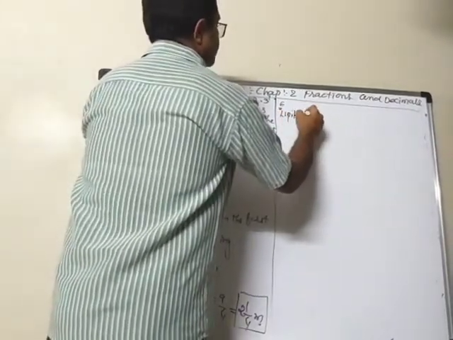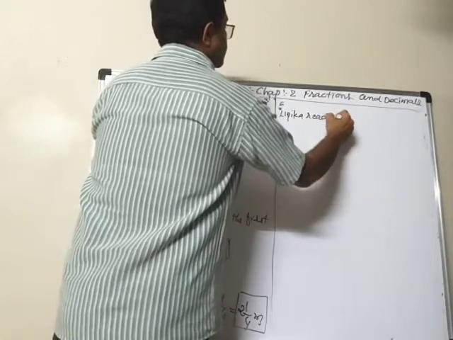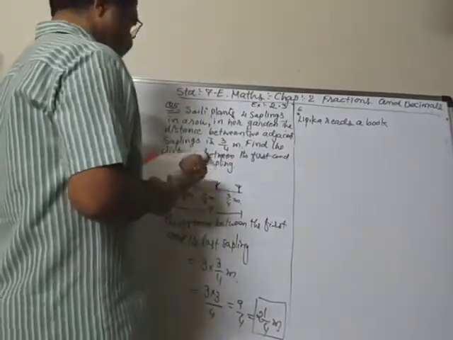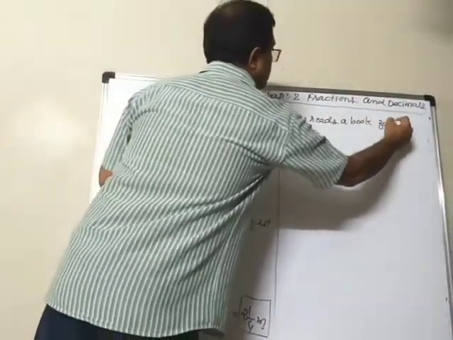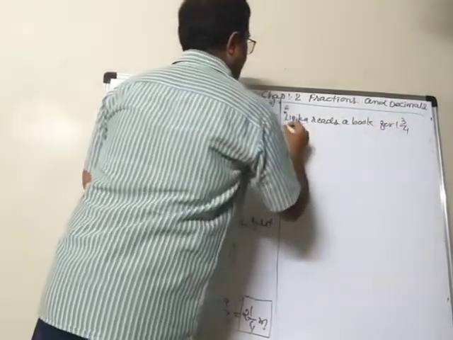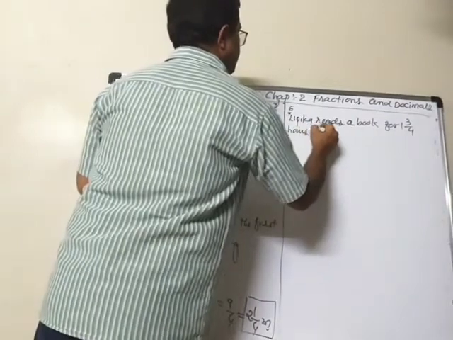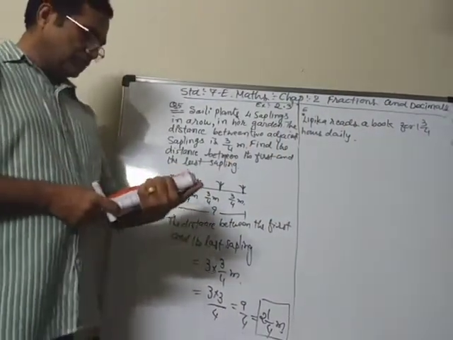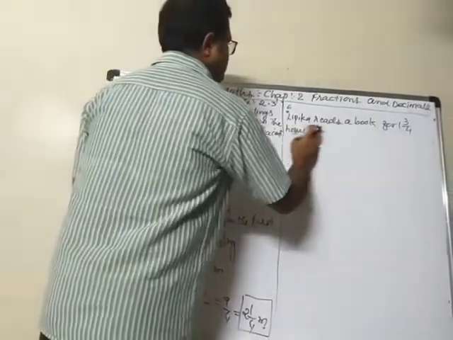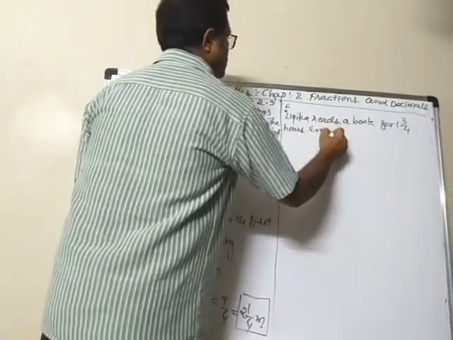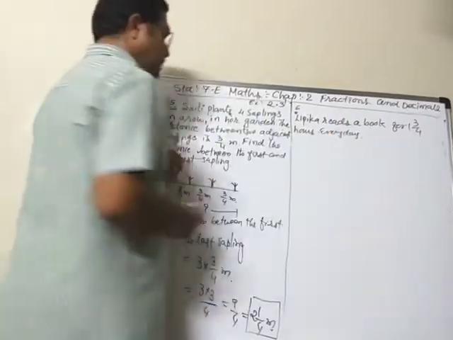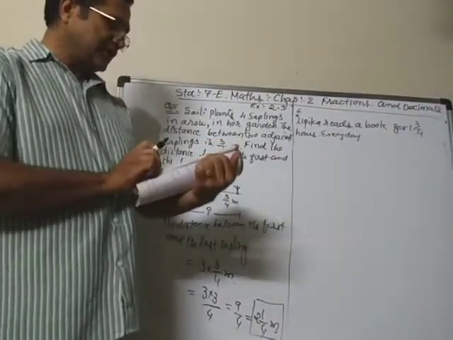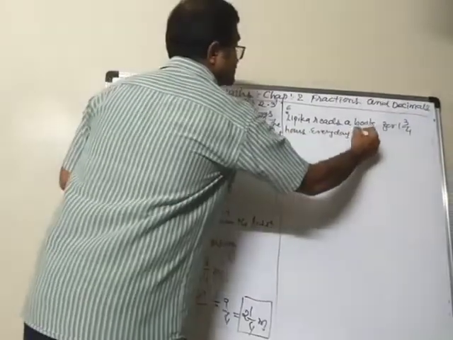Lipika reads a book for 1 integer 3 upon 4 hours daily. Now, every day or daily, same thing. Then, how many days? She reads the entire book in 6 days.